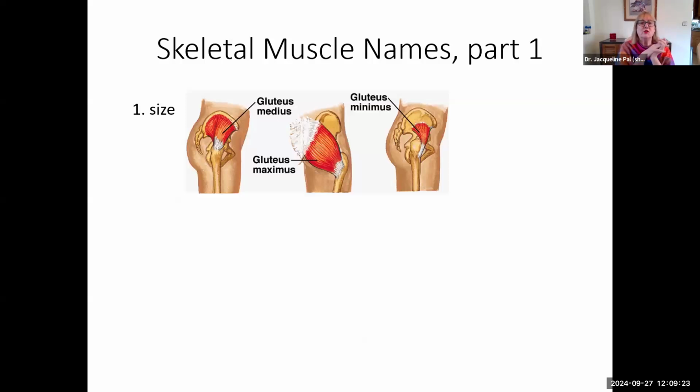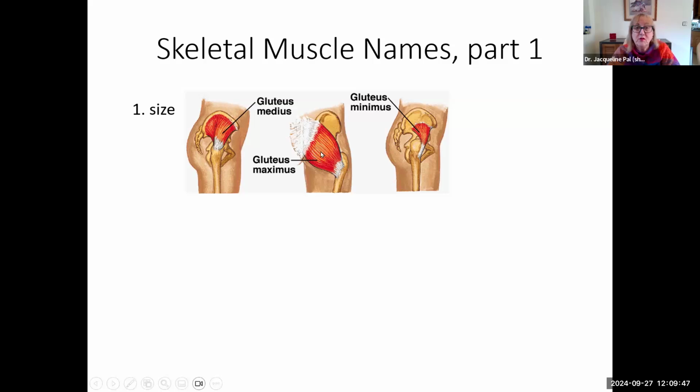So let's look at how skeletal muscles are named, because when you look at the names, it all seems like just a whole bunch of Latin names, which are very confusing. Well, the first thing is oftentimes there is a word that gives a clue as to the size. So when we talk about your glutes, for example, there are 3 different glute muscles, and they're like Papa Bear, Mama Bear, and Baby Bear.